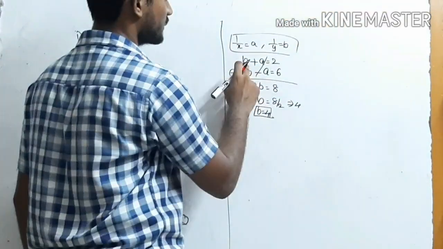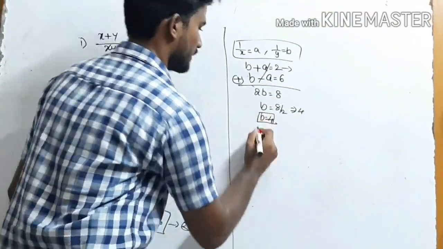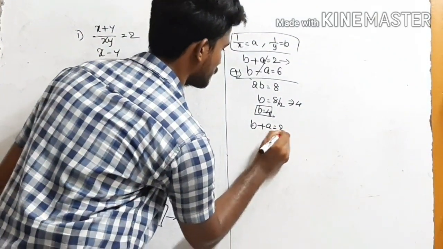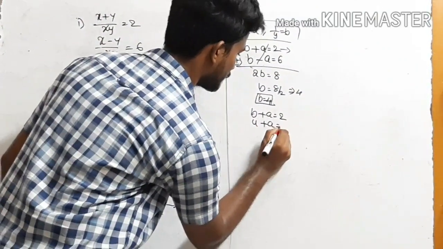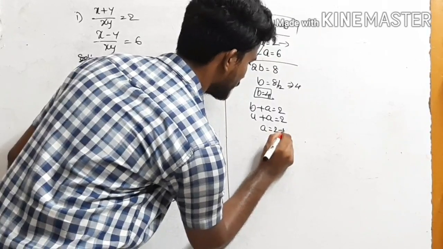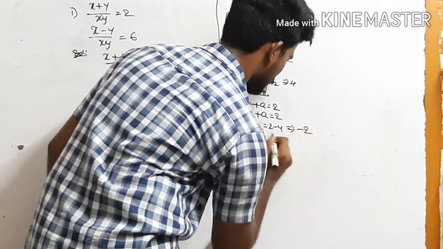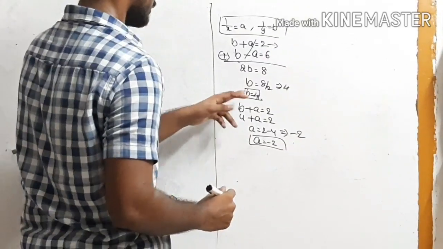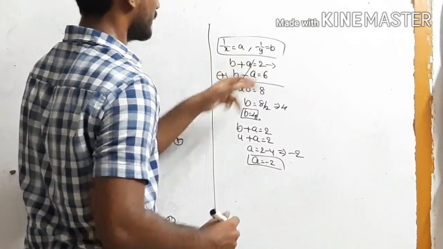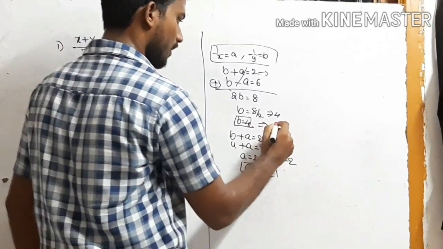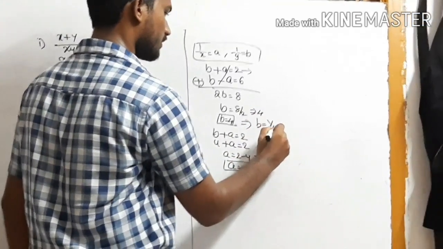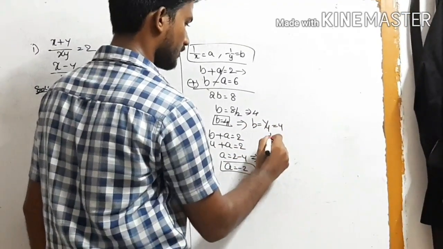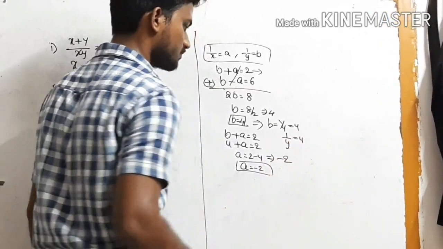Then substitute b equals 4 in this equation. b plus a equals 2 becomes 4 plus a equals 2, so a equals 2 minus 4, which is minus 2. a equals minus 2. We know b equals 1 by y, so 1 by y equals 4.